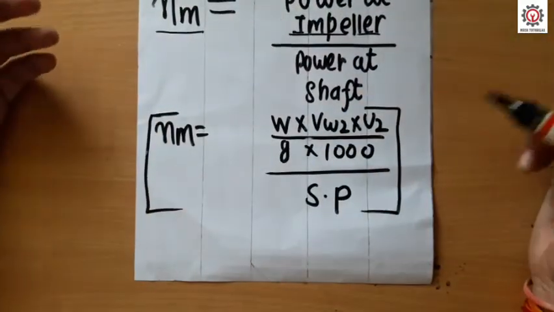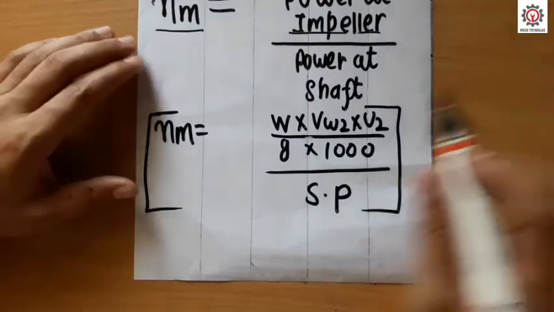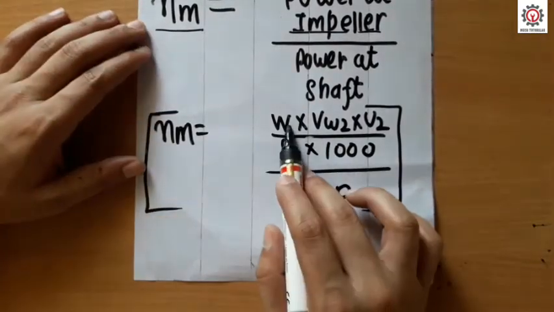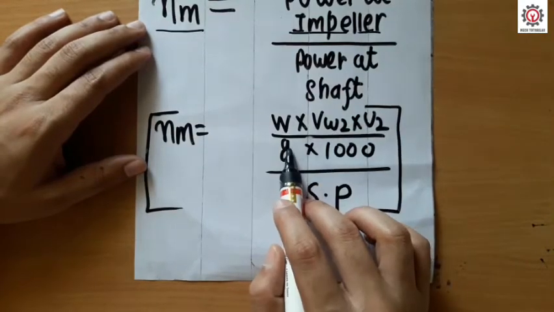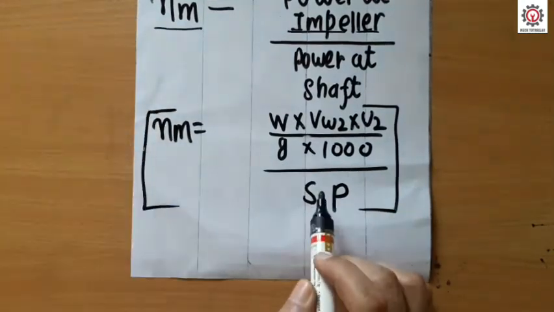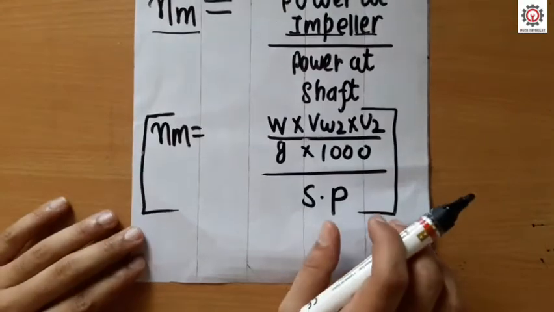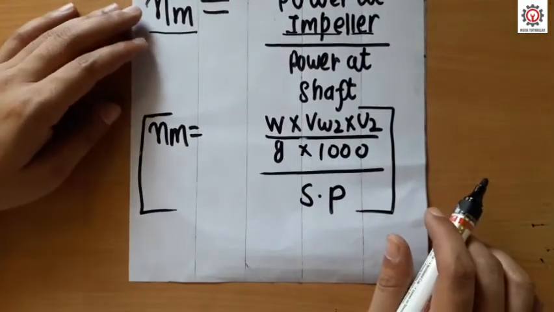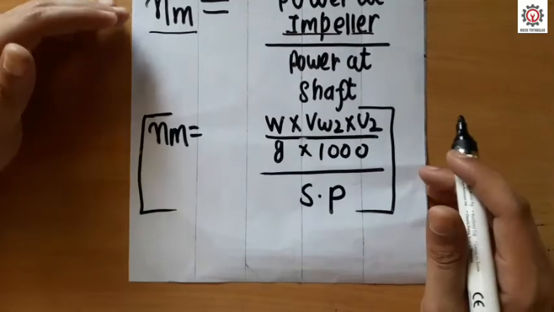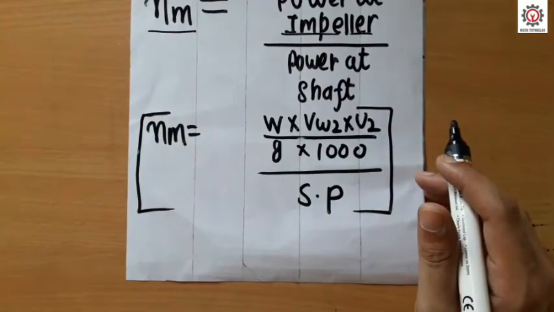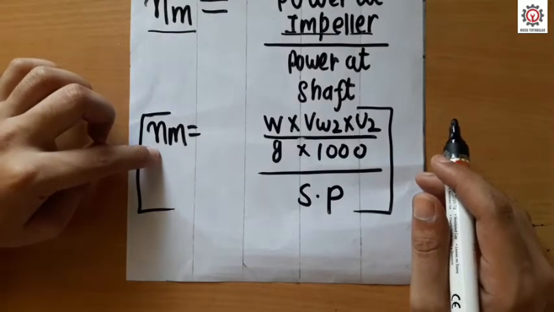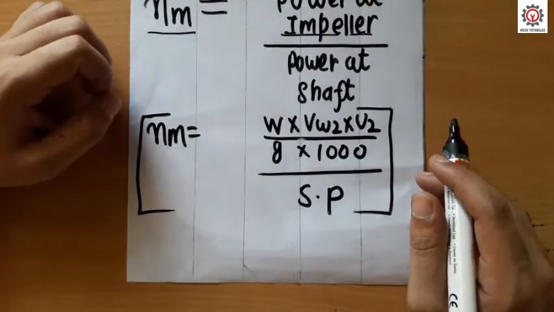The power at the impeller is the work done by the impeller per second, for which we already know the formula, W Vw2 U2 divided by g into 1000, upon the shaft power. From here we can also derive a formula for shaft power for when we do numericals, because in numericals we will be given the mechanical efficiency and asked for the shaft power.